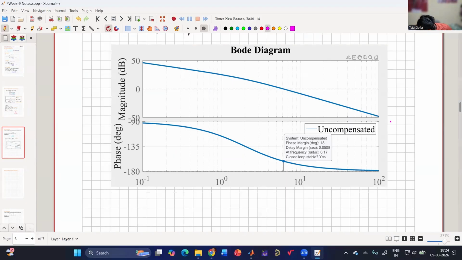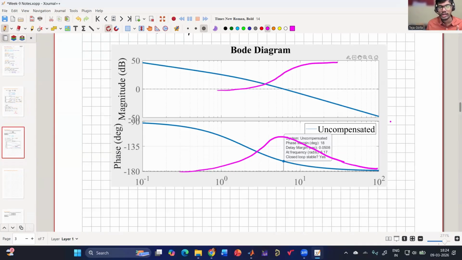Our compensation will provide a peak here, and it will also have a gain increment. So what exactly should happen? My phase margin will be calculated at the gain crossover frequency, so at that gain crossover frequency I have to provide additional phase.